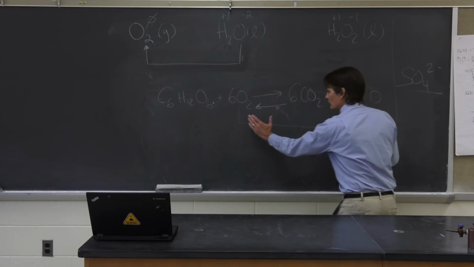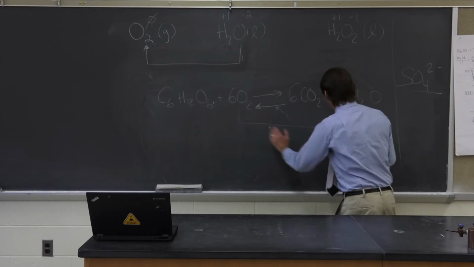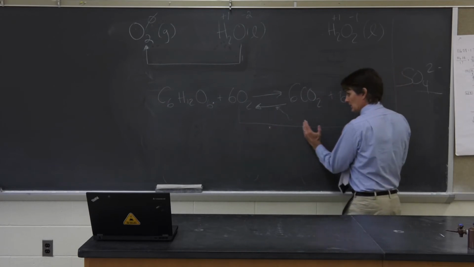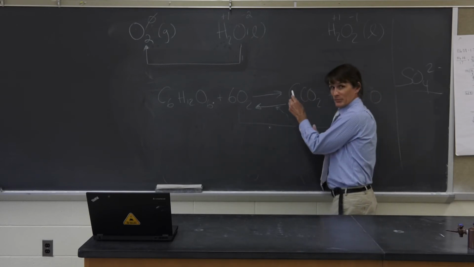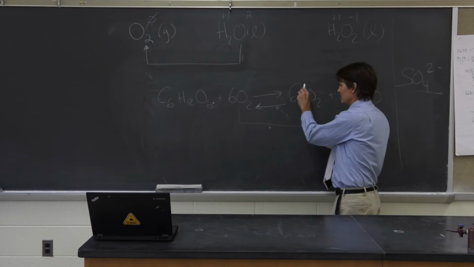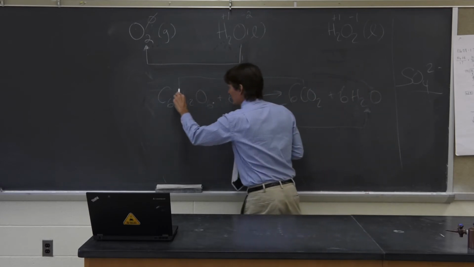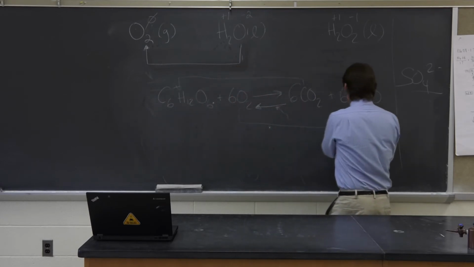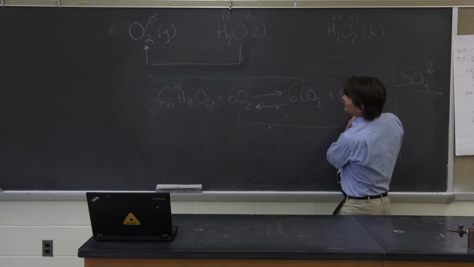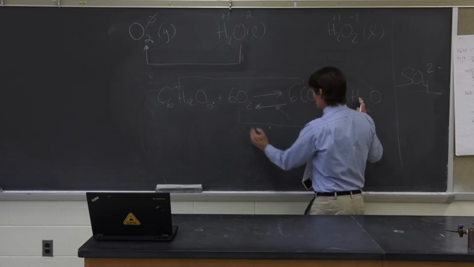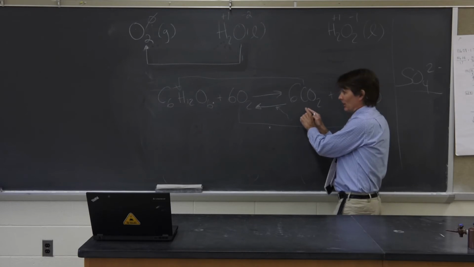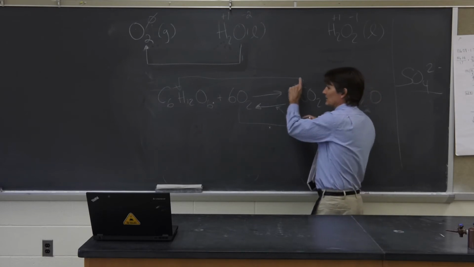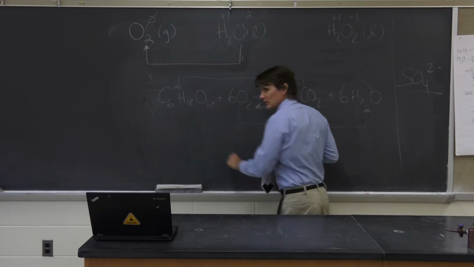And once I've recognized this pair, that's the oxidation, isn't it? Well, the other pair must be the reduction. If this is losing electrons, it must be that the carbon dioxide is gaining electrons, and we would say carbon dioxide is getting reduced into glucose.